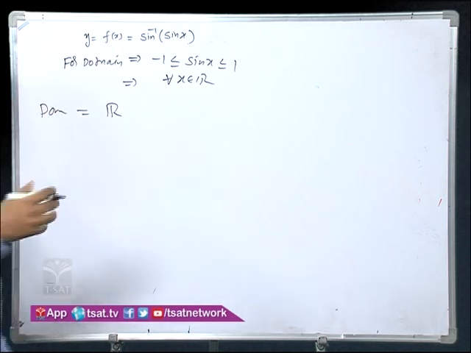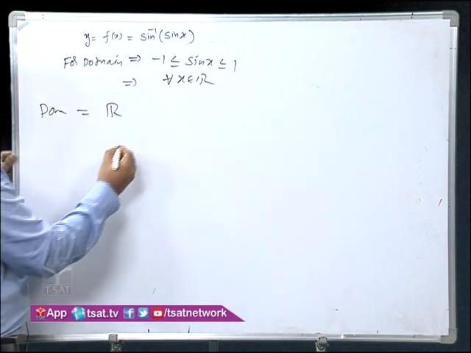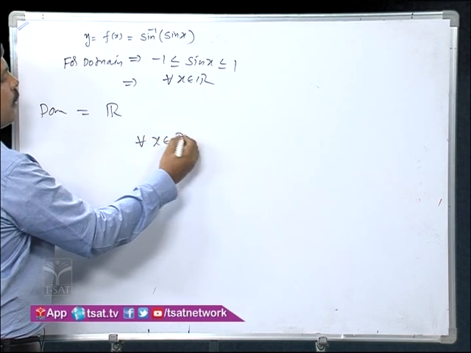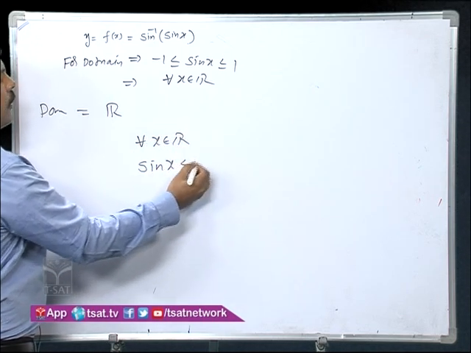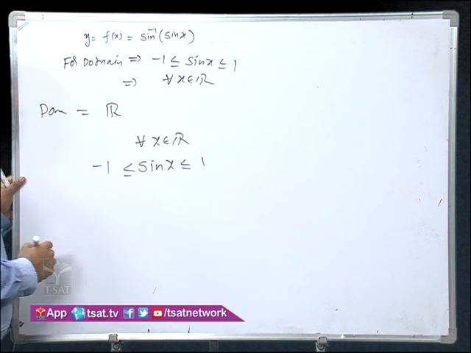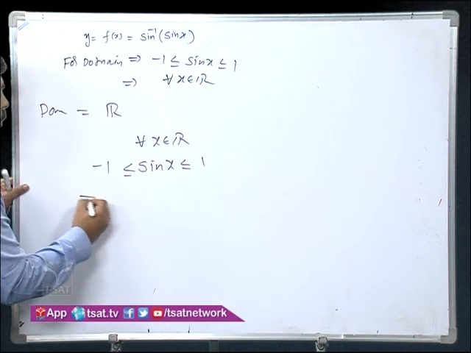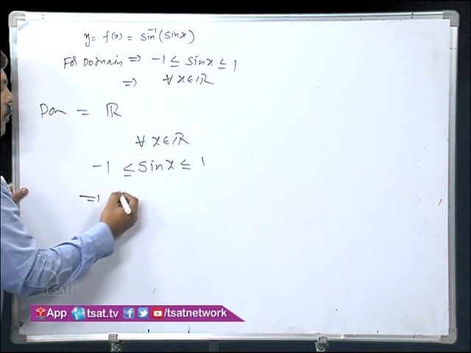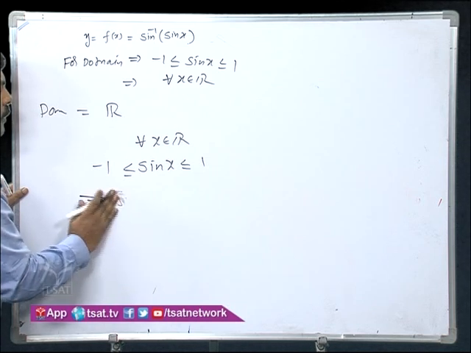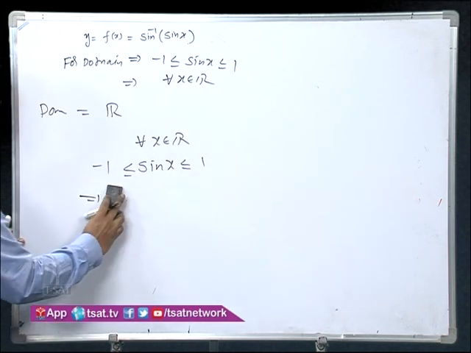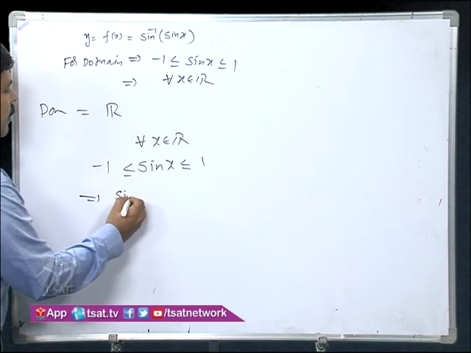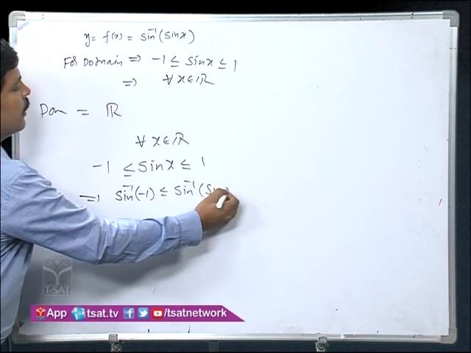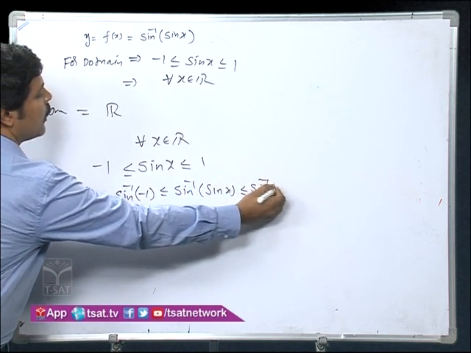Now the range. Range is the output. For all x belongs to R, sin x lies between minus 1 to 1. Since the sin inverse x function is an increasing function, we can apply sin inverse throughout the inequality. Sin inverse of minus 1 less than or equal to sin inverse of sin x less than or equal to sin inverse of 1.